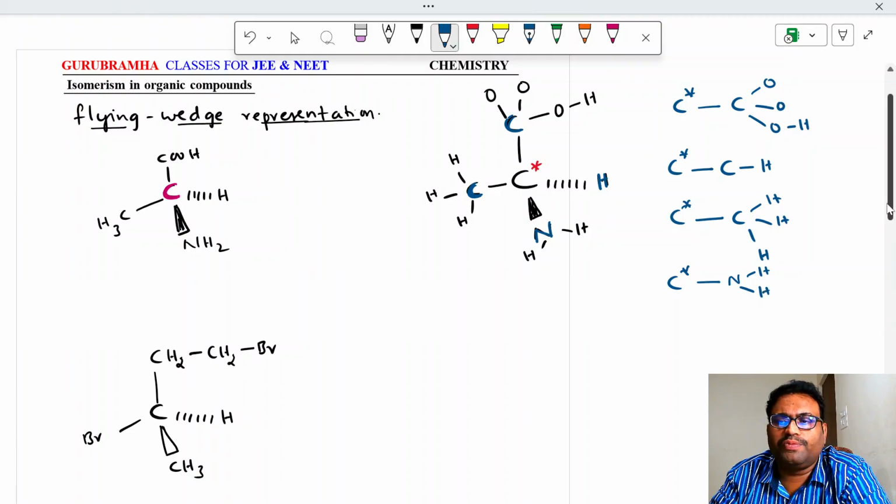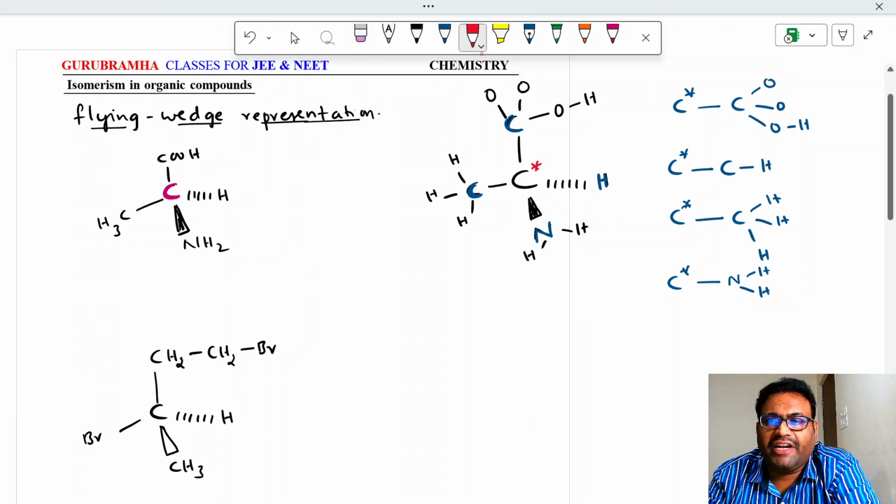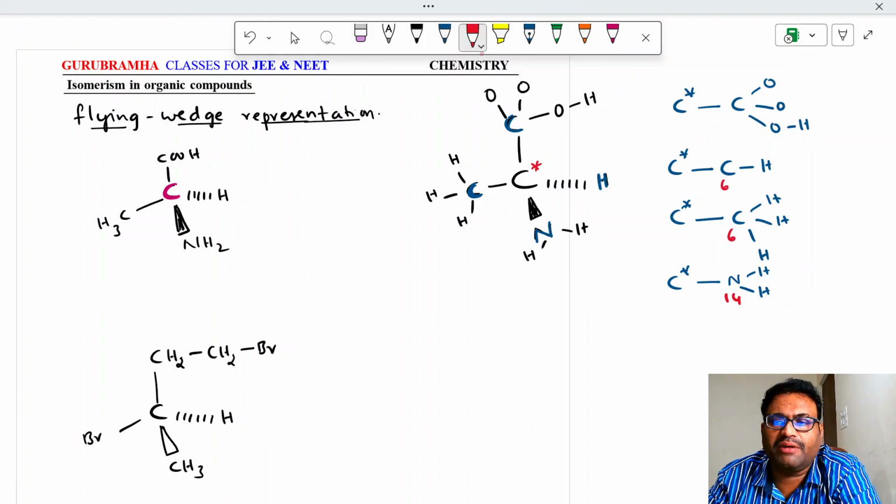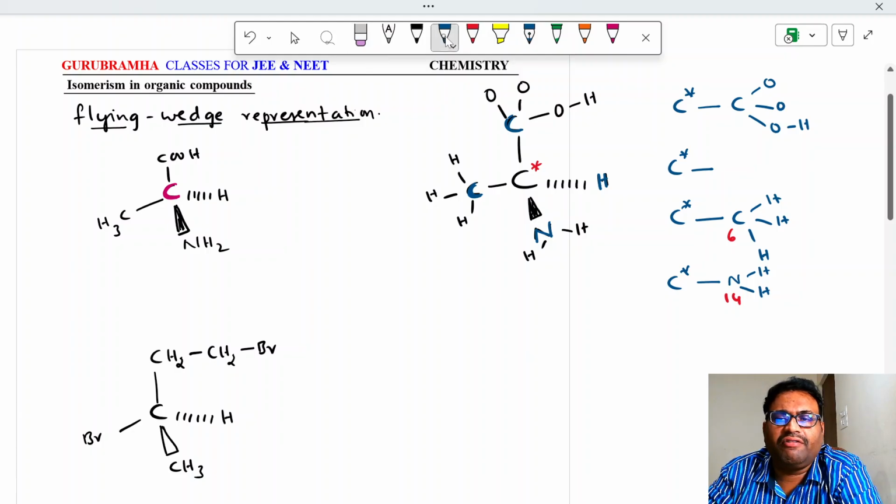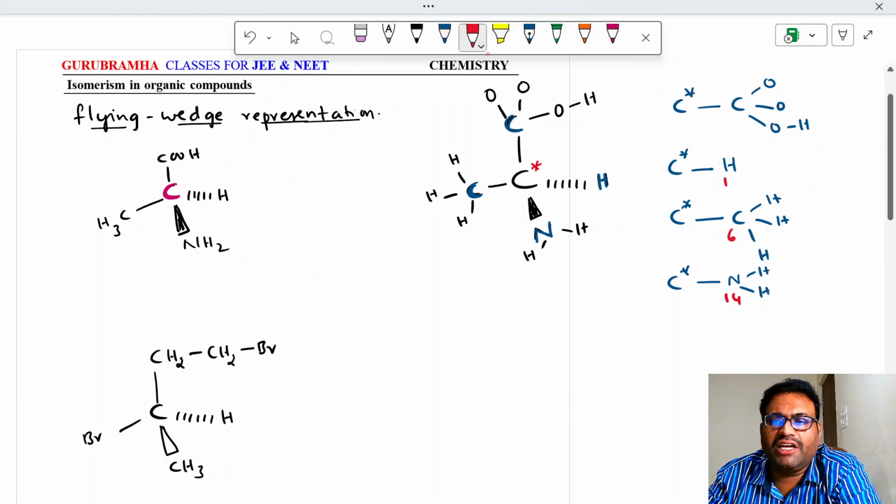All those 4 groups attached to the chiral carbon I have written clearly. Now see the directly attached atoms: hydrogen has atomic number 1, carbon has atomic number 6, and nitrogen has atomic number 7.